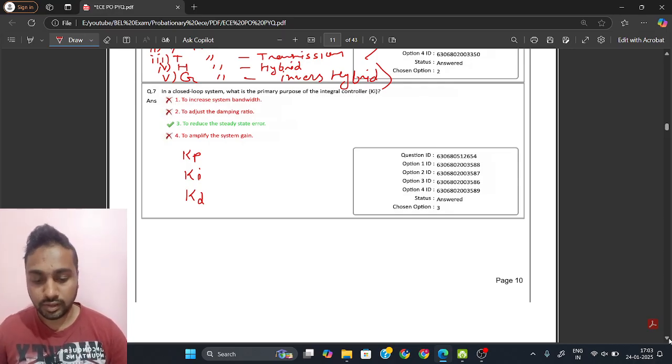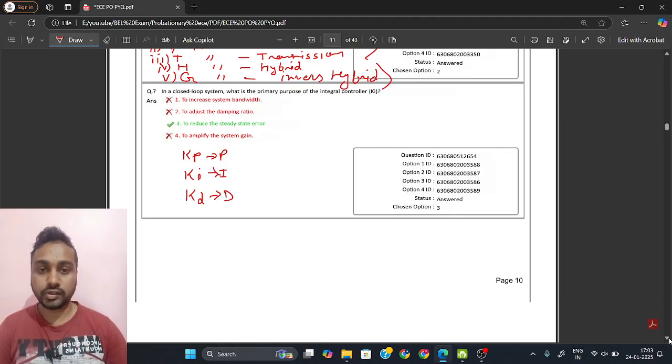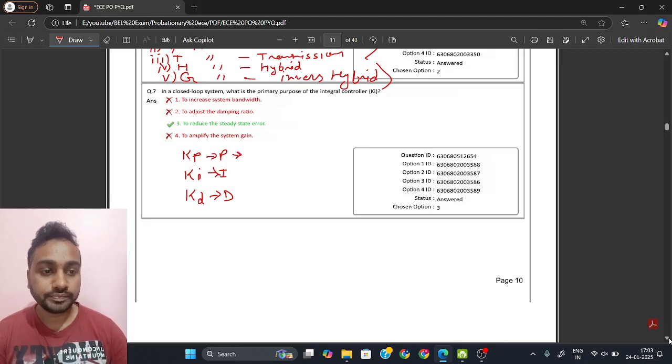These are the parameters for PID control. This is P, this is I, and this is D. Generally, three parameters are there for the PID controller. So P, this is what? This is proportional.